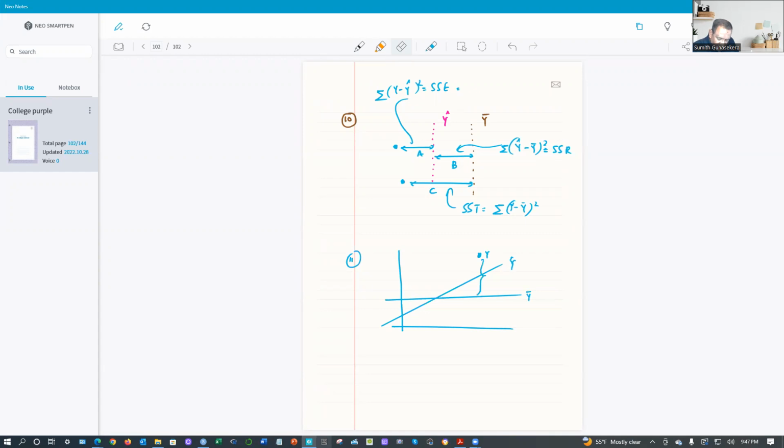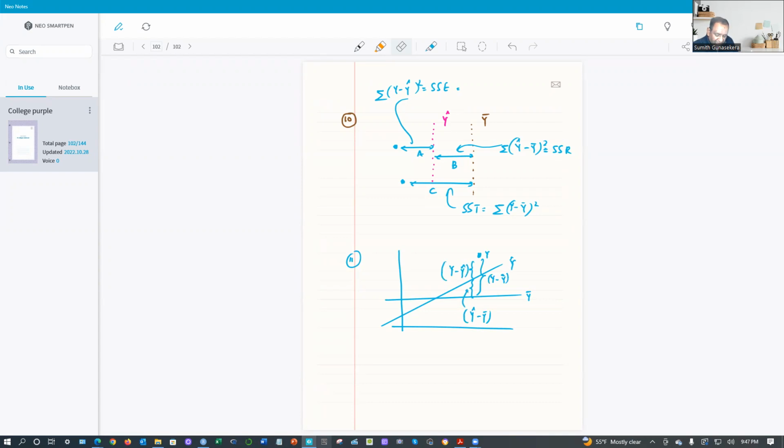From here to here is y minus y bar, from here to here is y hat minus y bar, and from here to here is y minus y hat.